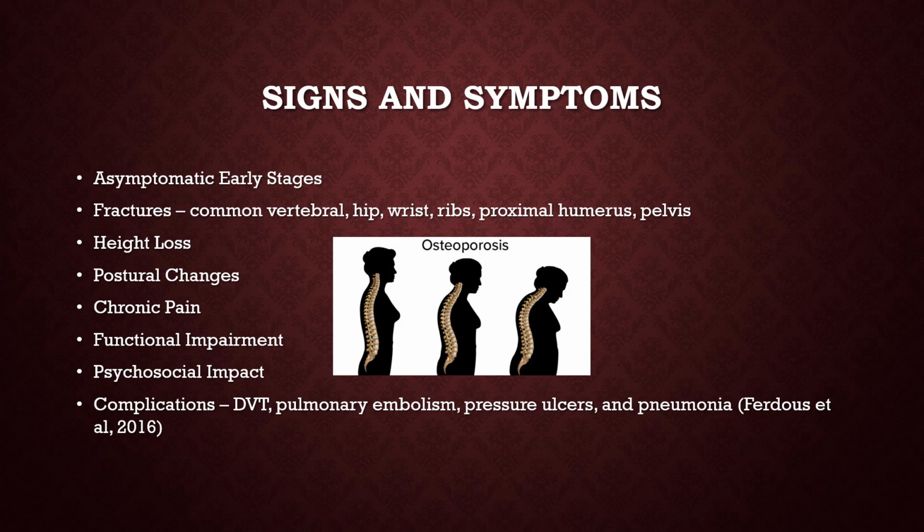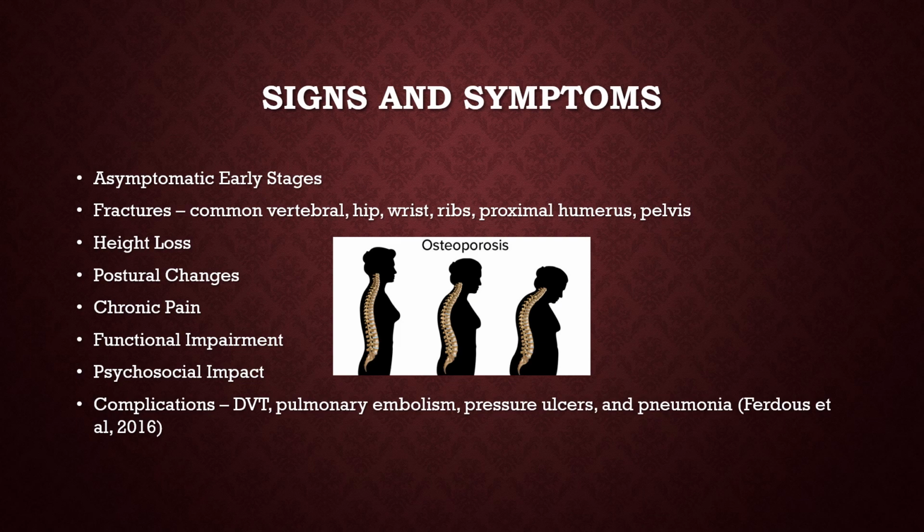Some of these changes in their life can have a psychosocial impact: fear of going outside and doing activities that may lead to falls or sustaining additional fractures, and the limitations from the pain. This can lead to depression, anxiety, social isolation, and a decreased quality of life.